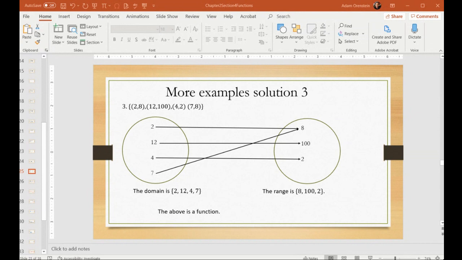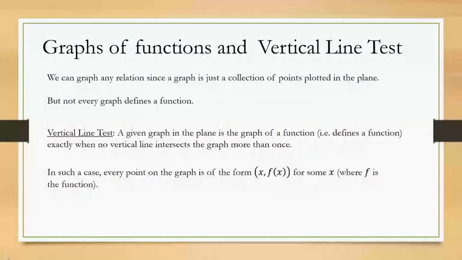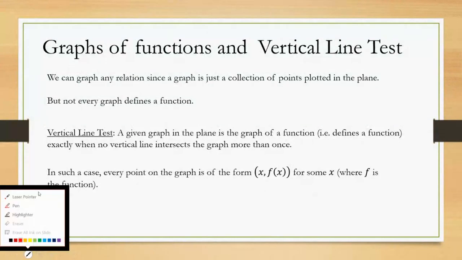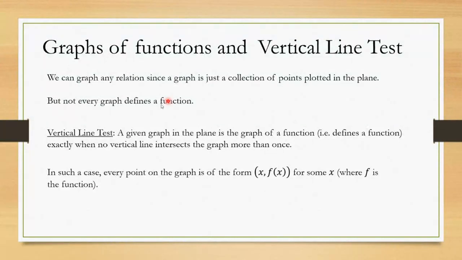All right, so let's keep going then. I actually did a little bit of what I'm about to talk about next, which is the graphing and vertical line test. In other words, you can also get a function from a graph.